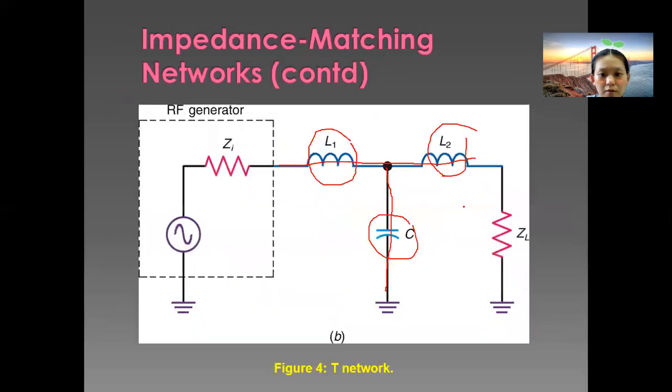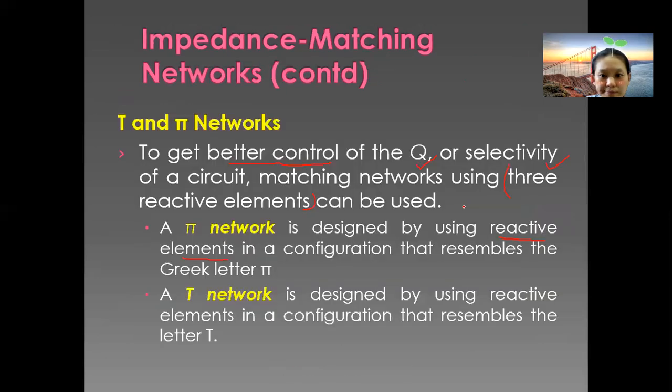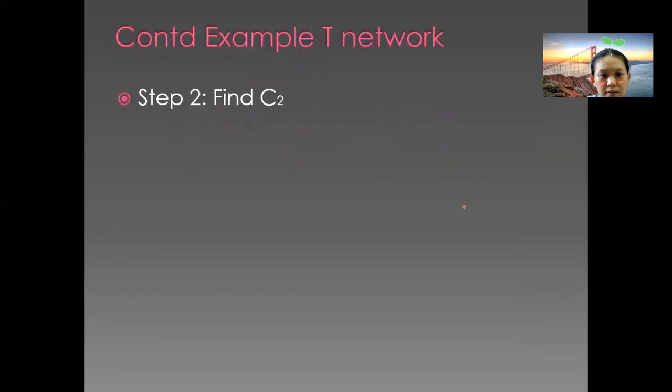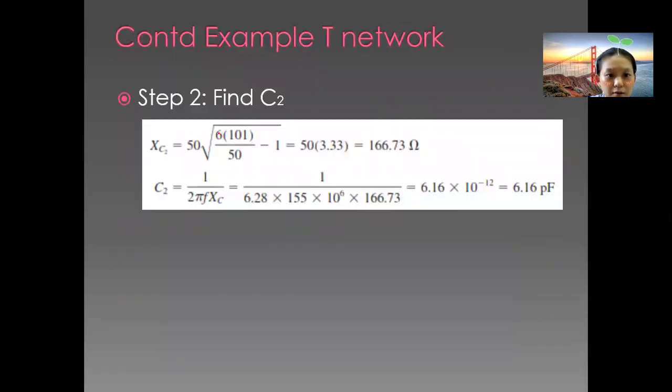So here 50, here 6, then we have 101, divided by 50 and minus 1. Now we have 50 multiplied by 3.33, so we get 166.73 ohm.